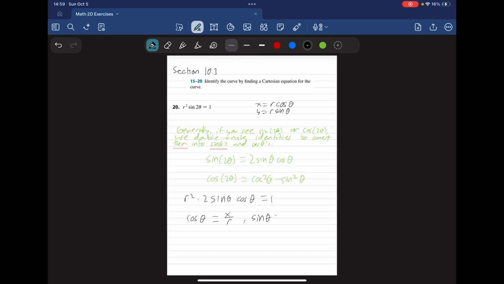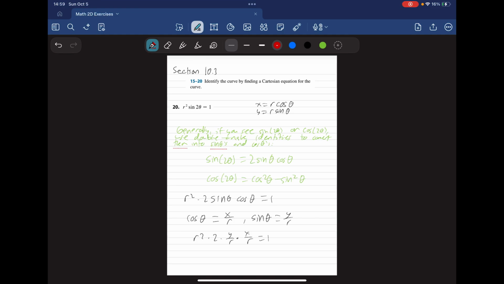And similarly, sine theta is going to be y over r. And if we plug these in to this equation here, what we get is r squared times 2 times y over r times x over r, and all of this is equal to 1.